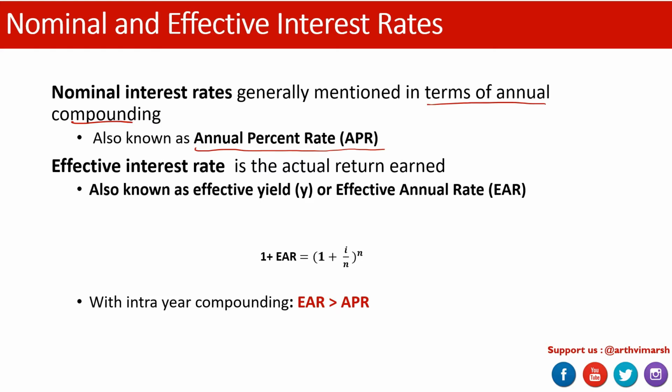All right, so we will use the same formula which we discussed in our previous discussion to compute the relationship between the APR and the effective yield, which is also called the effective annual return. So we have this formula: 1 plus effective annual return is equal to 1 plus interest upon the period of compounding, raised to the power n.